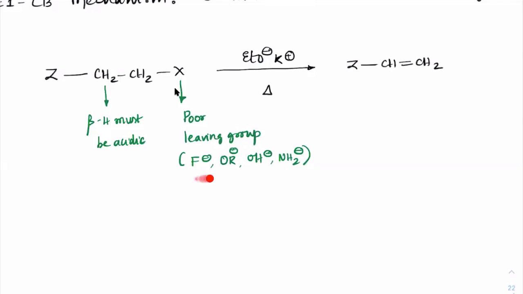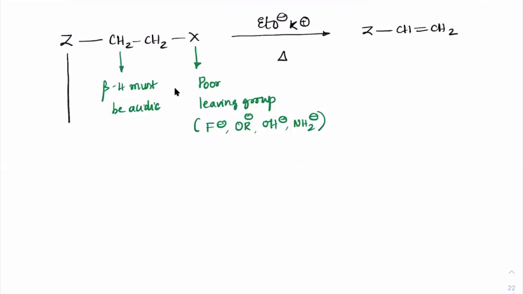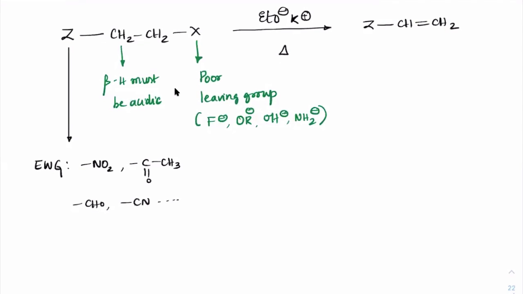These groups are very poor leaving groups. Yes, students. So which means what kind of Z group are we expecting here? There should be a strongly electron withdrawing group, that could be NO2, like C=O CH3, like CHO, like cyanide, and so on. So a strongly electron withdrawing group.